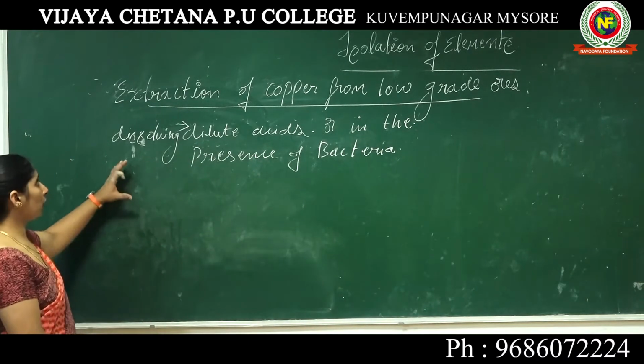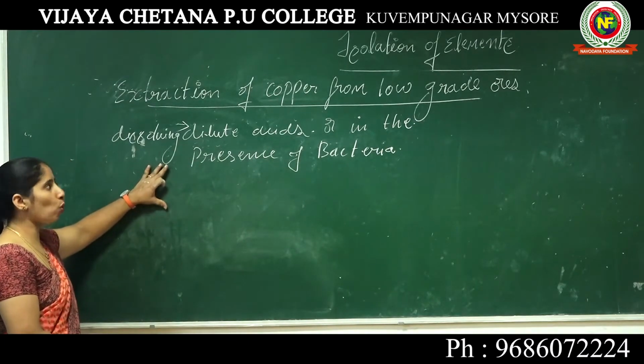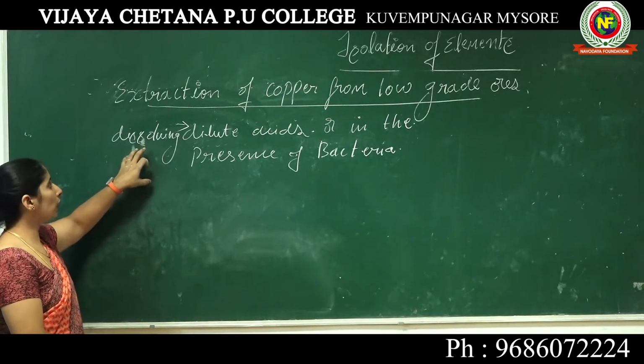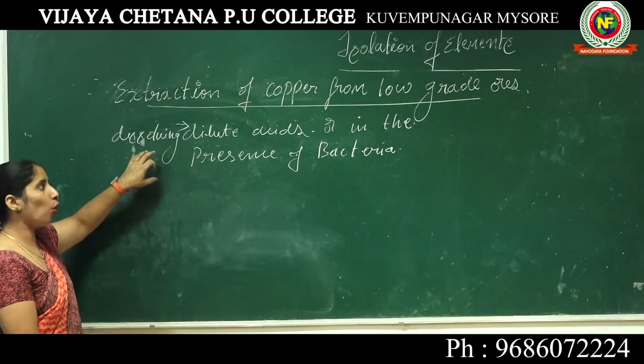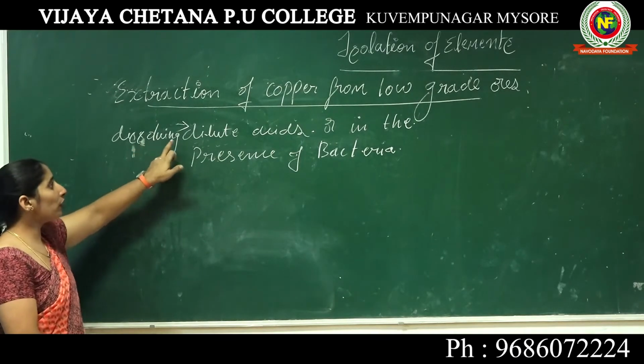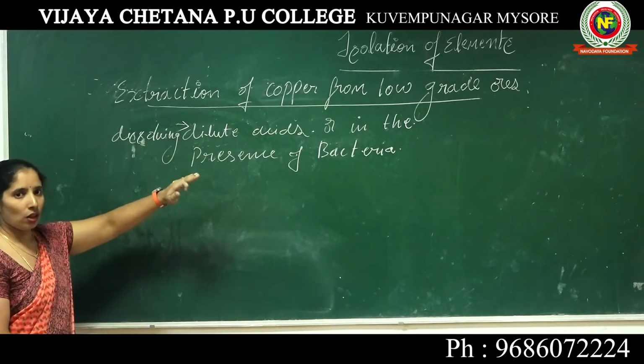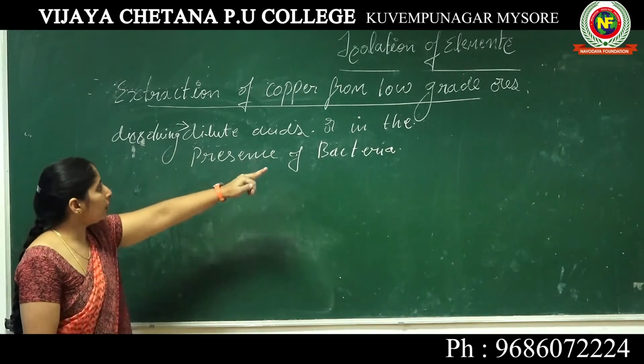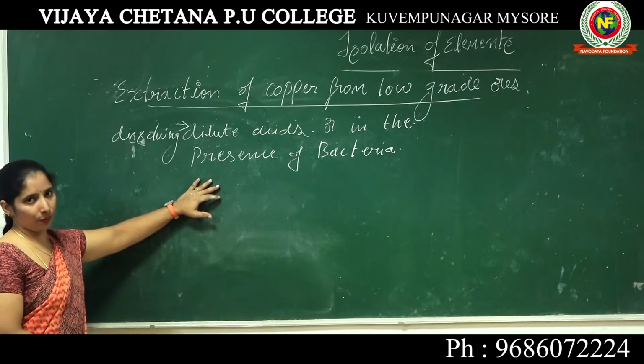So here is the extraction of copper from the low grade ores. Here the copper is leached to form ore by dissolving with dilute acids, or in the presence of bacteria.